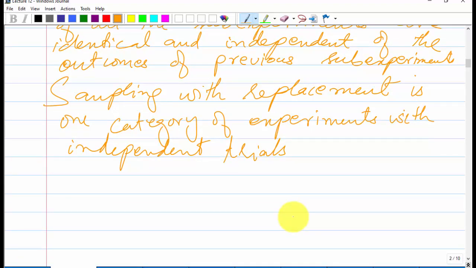So let's look at a simple sub experiment in which we have only two outcomes.